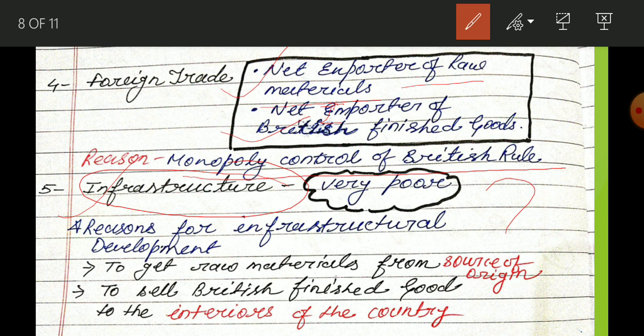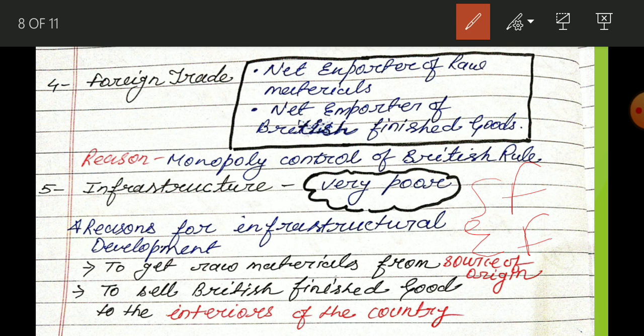Infrastructure is related to social factors and economic factors. Social factors mean nursing, housing, and economic factors mean transportation, power supply, and basic amenities like road, dam, electricity.